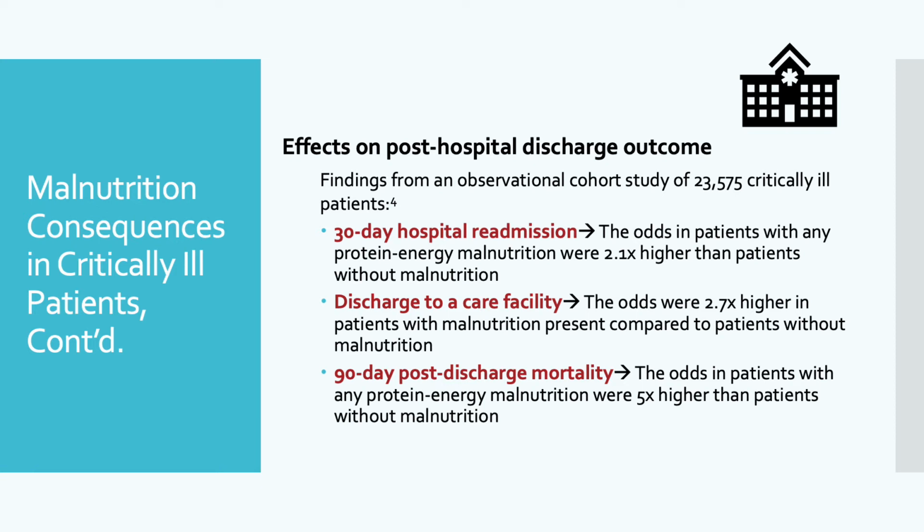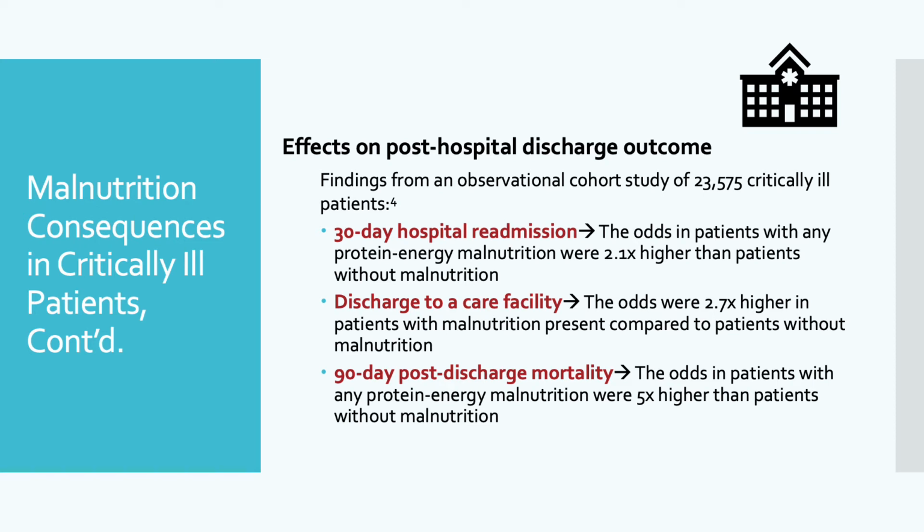The researchers found that in patients diagnosed with any protein energy malnutrition, the odds of 30-day hospital readmission were 2.1 times higher than in patients without malnutrition. The odds of being discharged to a care facility were 2.7 times higher in patients with malnutrition present compared to those without malnutrition. And the odds of 90-day post-discharge mortality in patients with any protein energy malnutrition were 5 times higher than in patients without malnutrition.